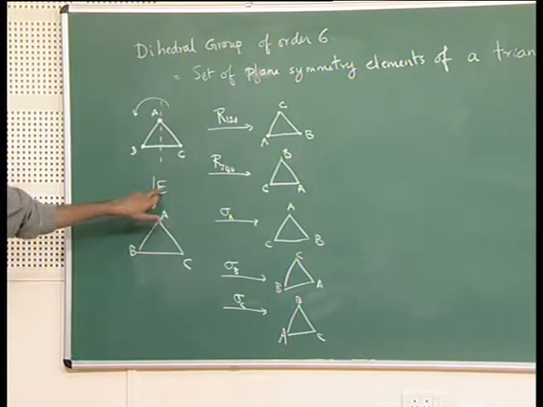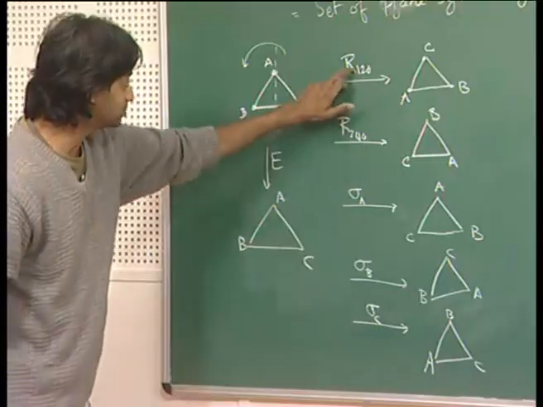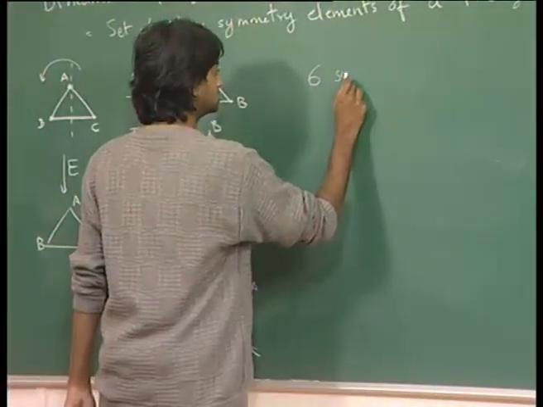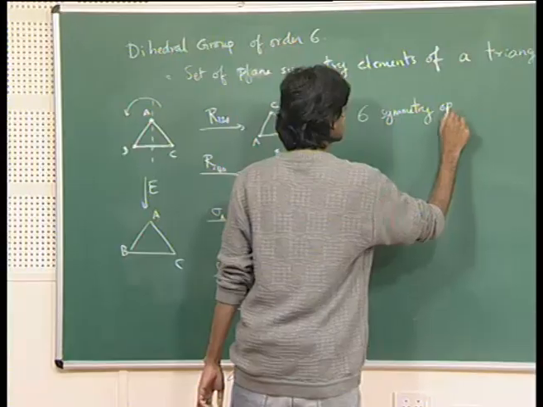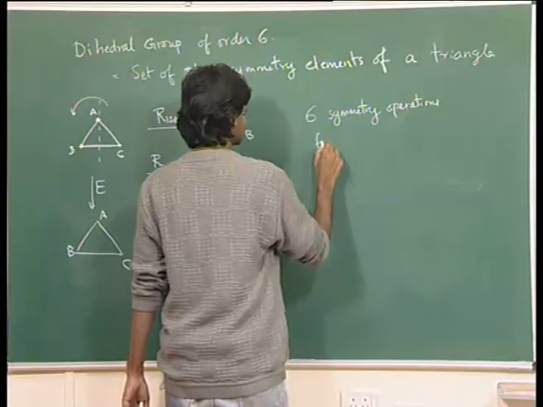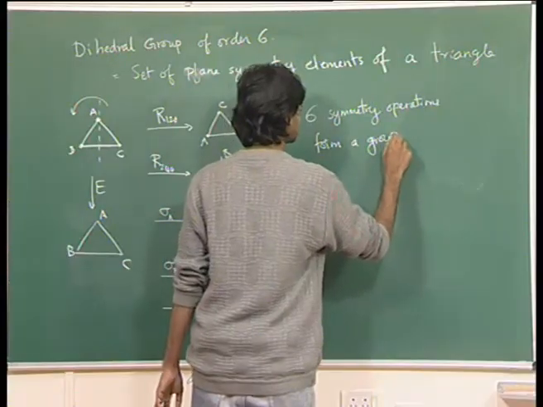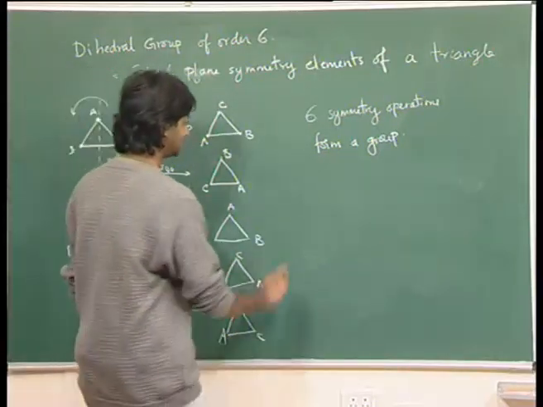Okay. Now, these 6 operations, it is these 6 operations which will be taken to form a group. So, the 6 symmetry operations form a group. Okay. And we can write the multiplication table of this group.